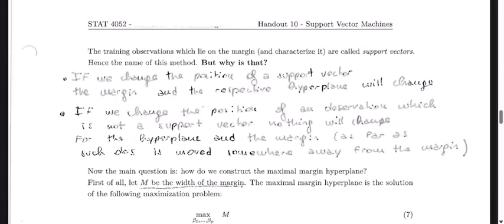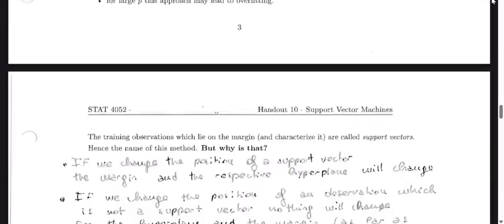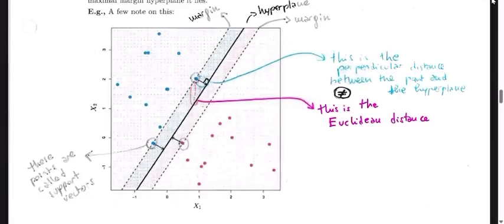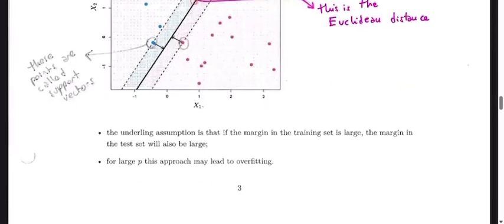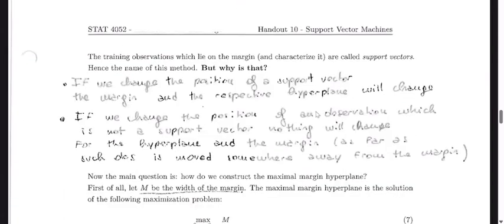If I change the position of the support vector, what is going to happen? The margin and the upper plane will change. What determines this is the closest point. The closest data point of any class is what is going to be the determinant. So changing their position is also going to change the hyperplane.